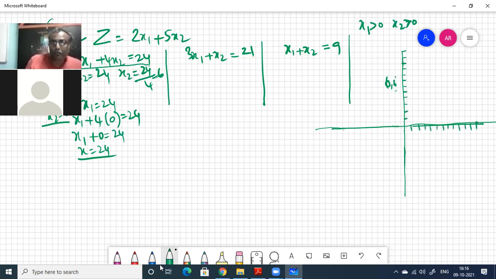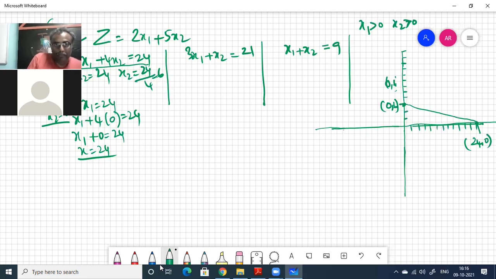Now this becomes 24, 0, and this becomes 0, 6. So from 0, 6 to 24, 0, you draw one line like that. That line is x1 plus 4x2 is equal to 24. The first constraint is like that.